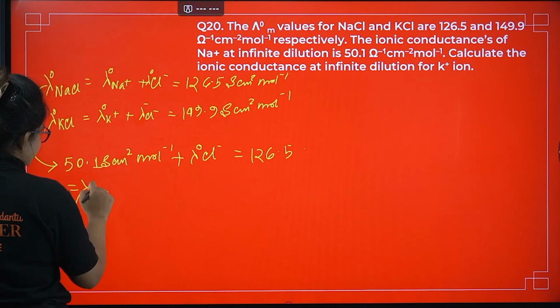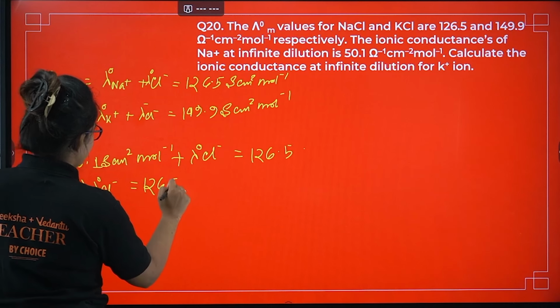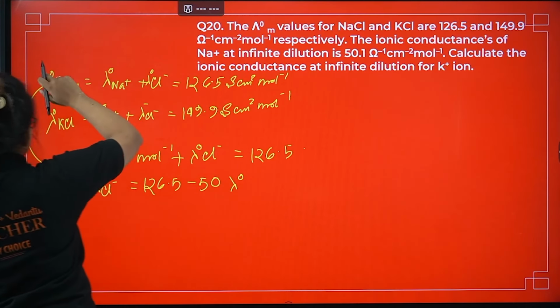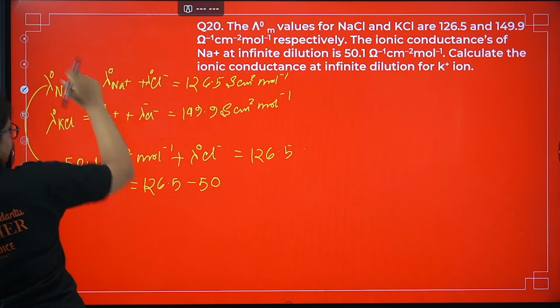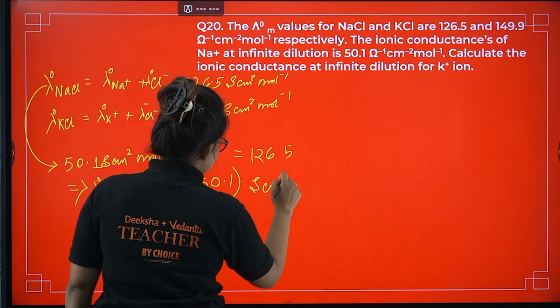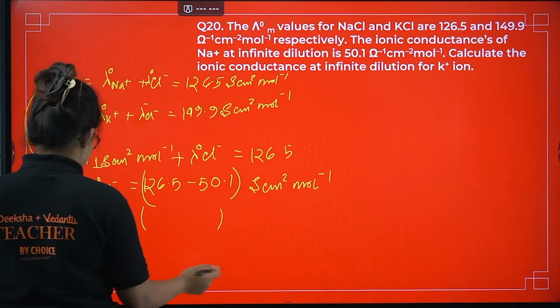So from there, lambda 0 of Cl minus should be 126.5 minus 50.1 Siemens centimeter square mole inverse. Whatever the answer comes, that is the answer.